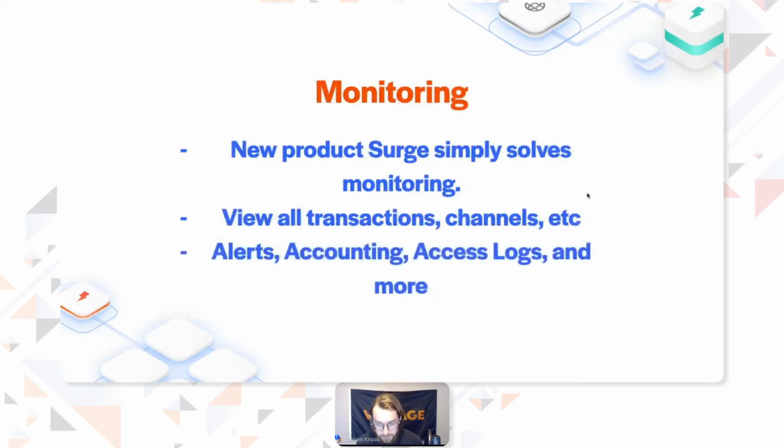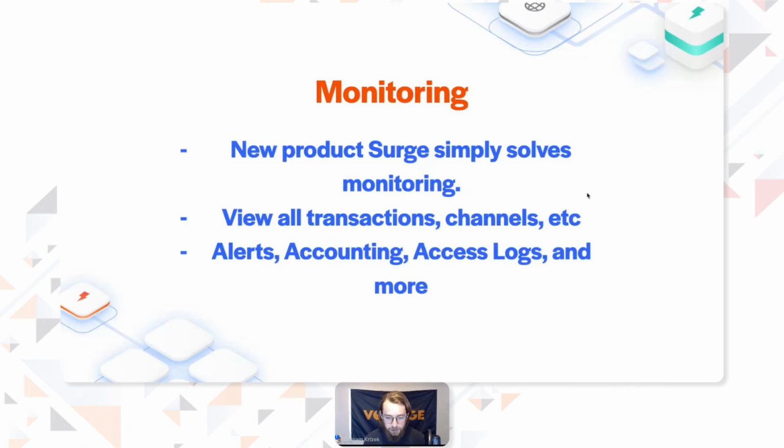And then monitoring finally. This is something that we are working on solving right now with a new product called Surge, which is an observability tool for Lightning nodes. This service is going to be very focused on giving you complete visibility inside of your nodes. So you're able to see all of your transactions, channels, peers, all of the things that you need to know.